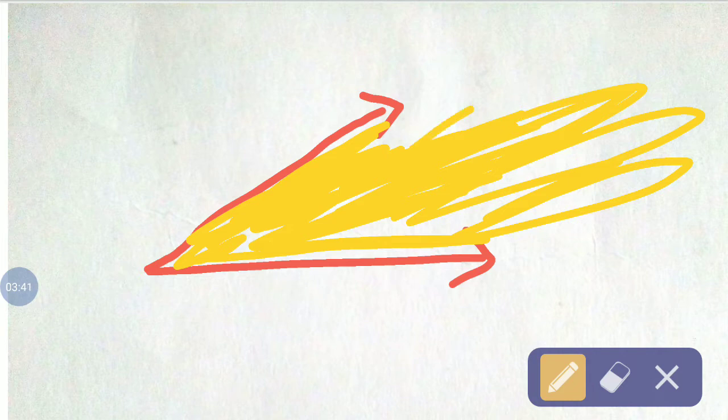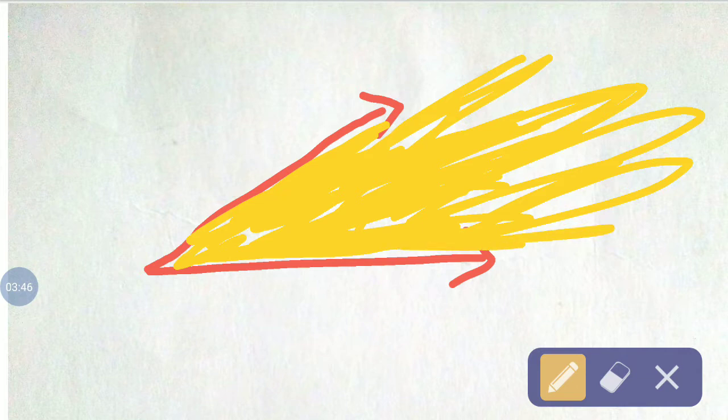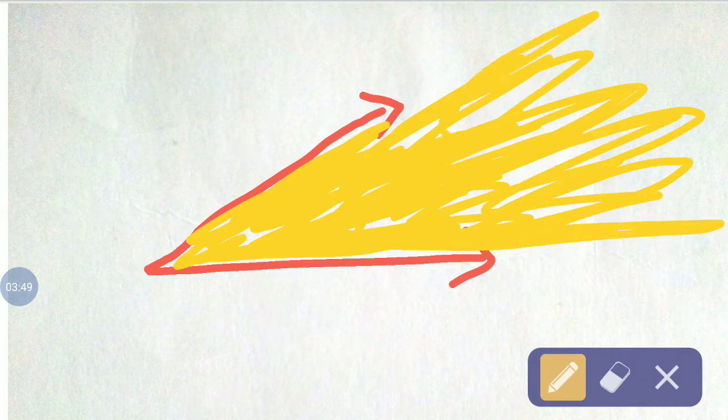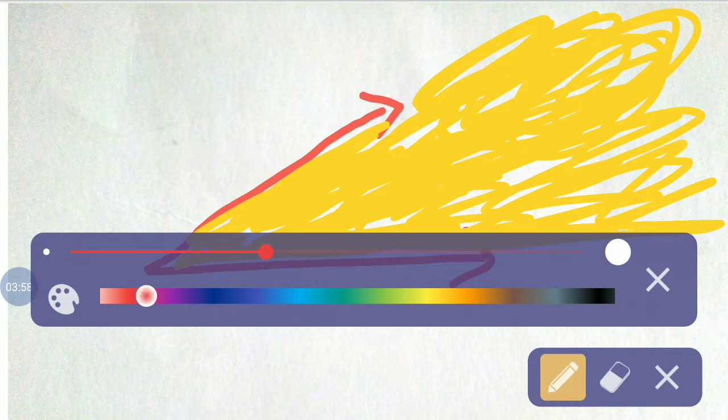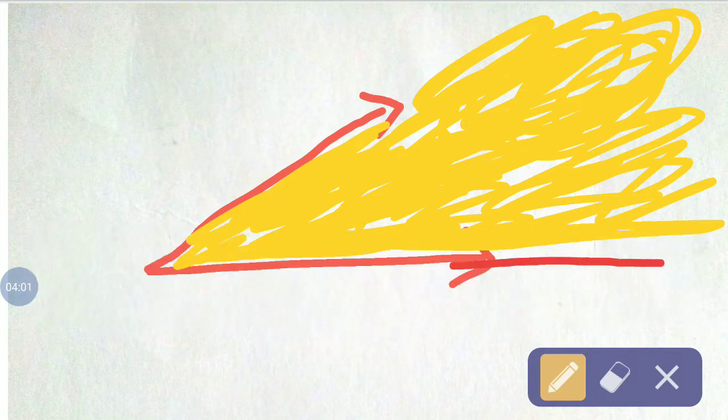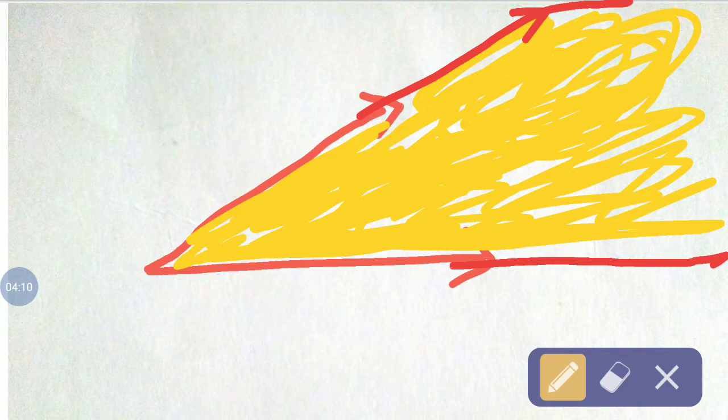When I say inner part, it doesn't mean only till these lines, as it is a ray, so it will extend, so all this part will also be in the interior. So these are your inner part, and inner part is the interior.